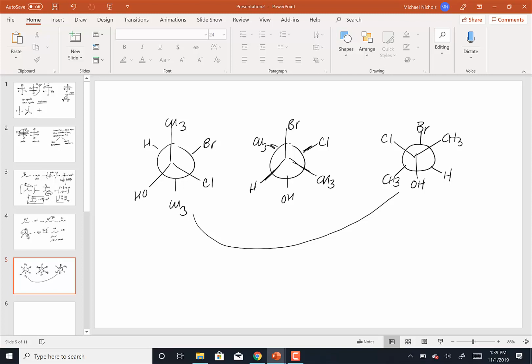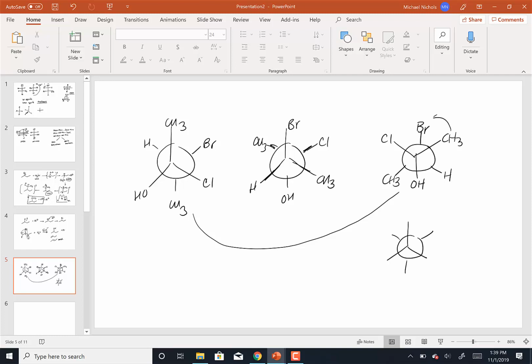And the question is always, what are the fronts, same or opposite? What are the backs, same or opposite? So when I look at the front carbon, I can try and align them, which I'm going to have to do. How about I try and make the molecule look like this?